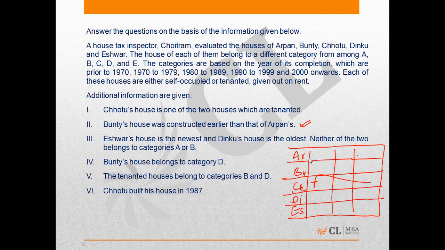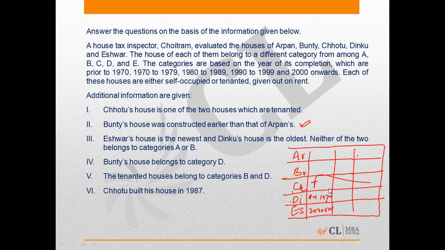The third statement states Iswar's house is the newest and Dinku's house is the oldest, which means Iswar constructed his house after 2000 and Dinku constructed his house prior to 1970. Neither of the two houses belongs to category A or B.